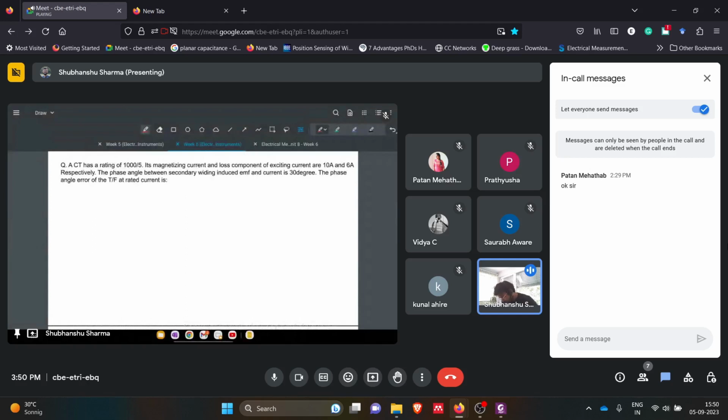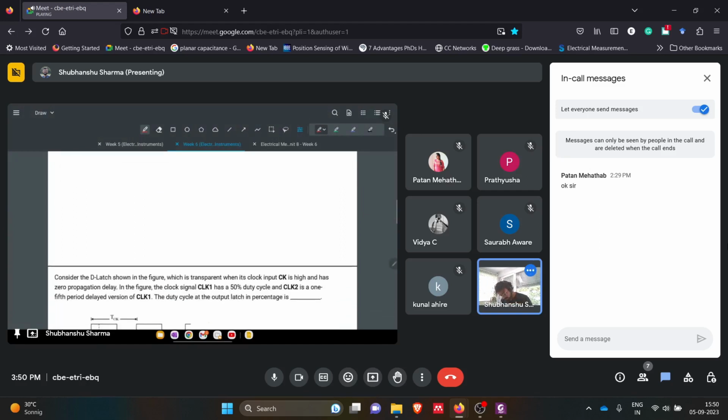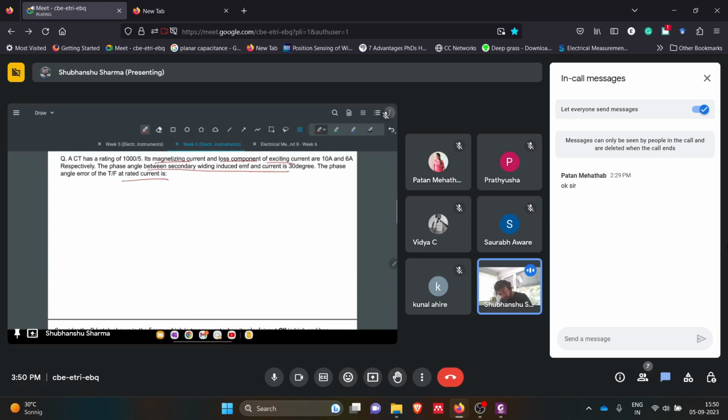Now, next question. So this again we have magnetizing. By this question you will get more clarity about what we talked earlier, the concept of these errors and all those things, and the phasor of that, which is very important. Okay, so I'll add one page and we'll go in continuation.